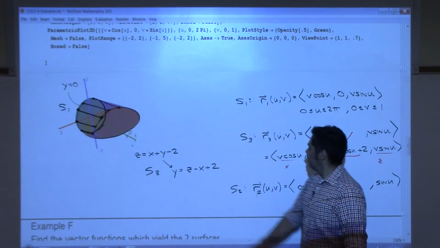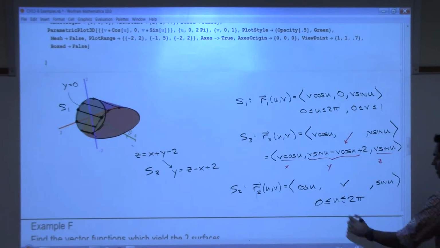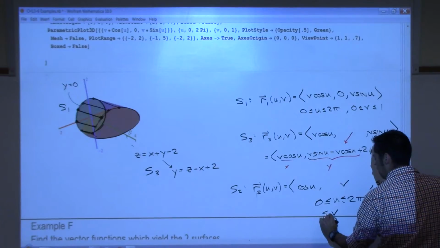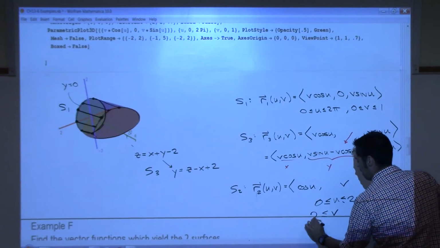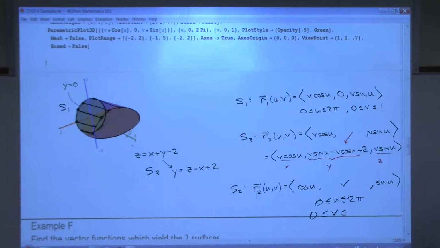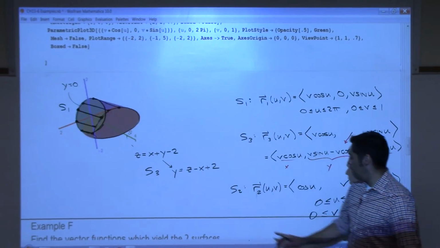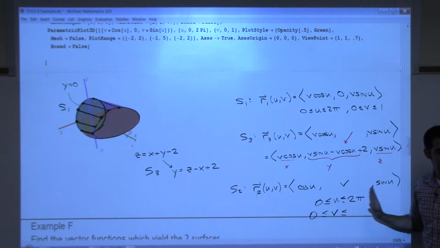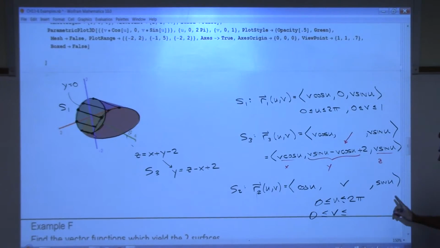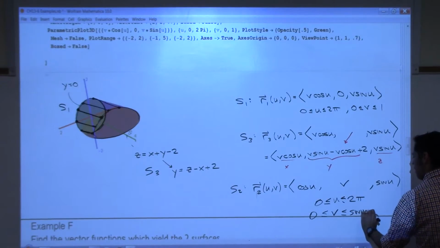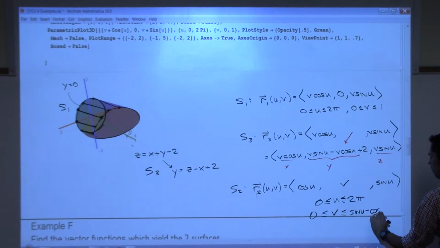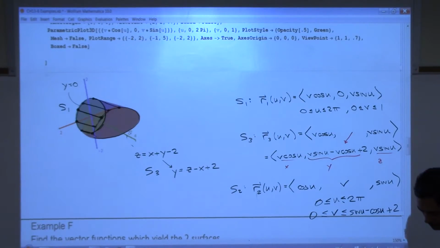So I'm going to let v be stuck between 0 and, again, this is the trickier part, z minus x plus 2. But we have to use these. So what's z? Sine u, minus x, which is cosine u, plus 2. Got it?